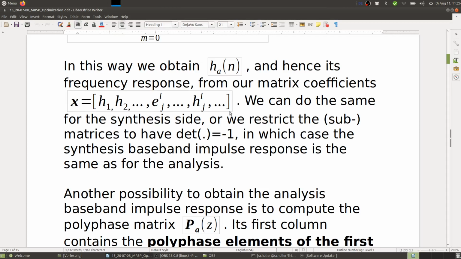So we can do the same for the synthesis side, or we restrict the submatrices to have a determinant of -1, in which case the synthesis baseband impulse response is the same as for the analysis. So in that case we don't need a separate evaluation. So this is actually the convenient case. Then we just need to evaluate or optimize the analysis part, because we know the synthesis part is the same.